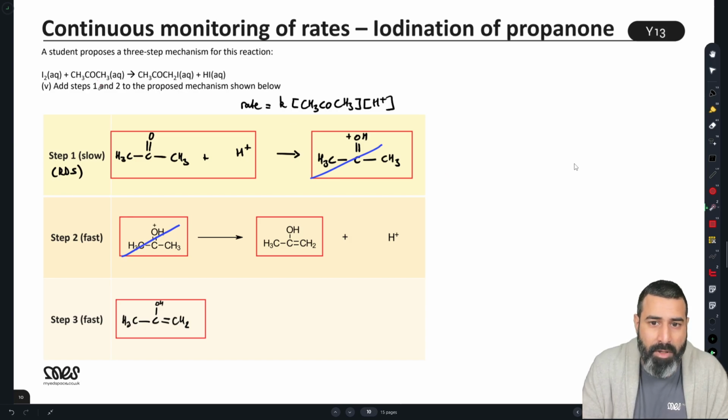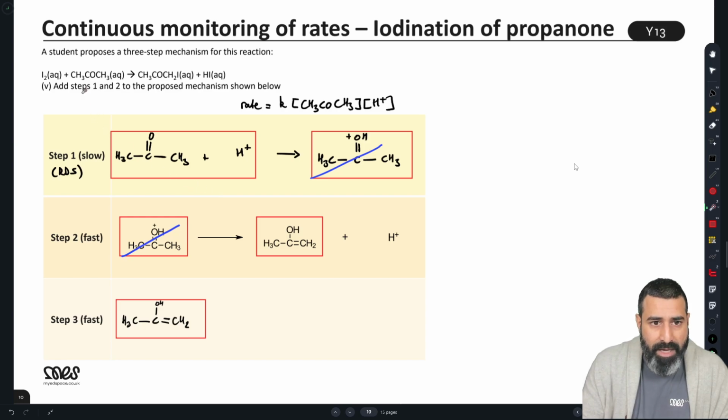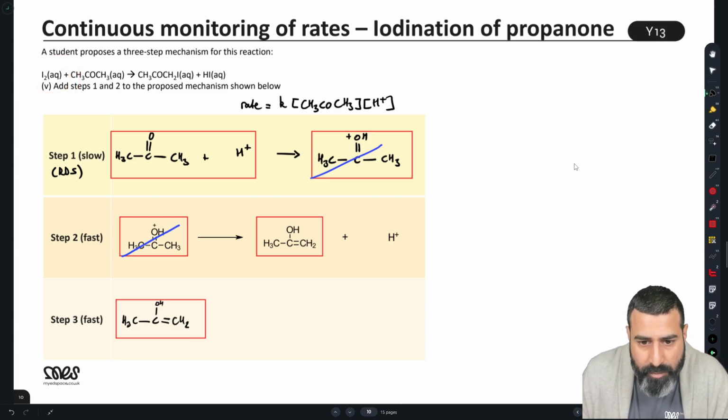And I look at the chemical equation. I've got one molecule of propanone reacting. The H+, which is a catalyst, is used and reformed, so just ignore that. It doesn't appear in the overall equation. What I haven't used so far as a reactant is I2. So let's put the I2 in step number 3.